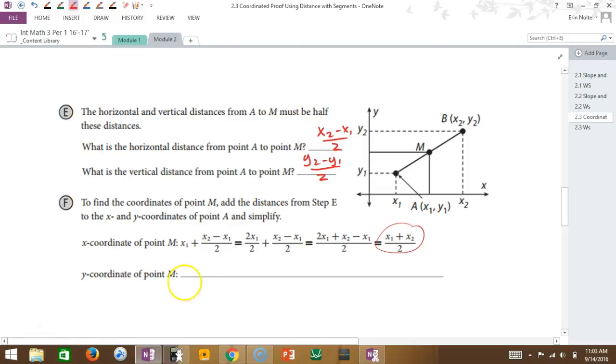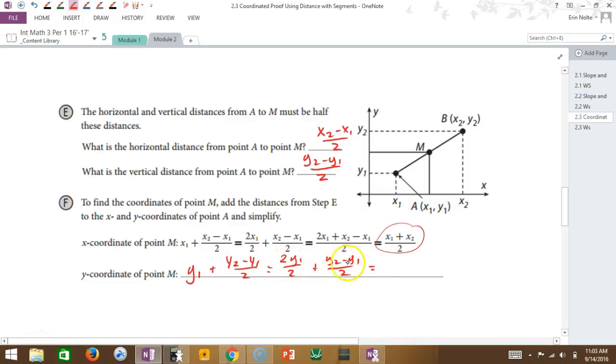So your y is going to be kind of the same idea, but basically just y's instead here. So you would have a y sub 1 plus your midpoint, so y2 minus y1 over 2. Okay, so then you're getting a common denominator, so that would be 2y sub 1 over 2 plus y sub 2 minus y sub 1 over 2. Then you can add your tops together.